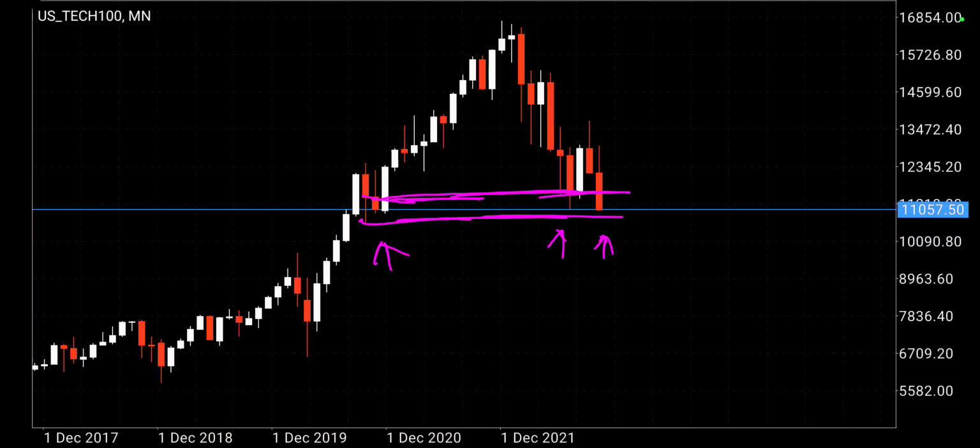Point number one. The negative thing about it is that it is not fresh, meaning the price is not touching it for the first time. That's the thing with taking trades from a zone that is not fresh, because when the price was here, it collected all the buy orders. Now it's coming for the second time, it doesn't have buy orders.